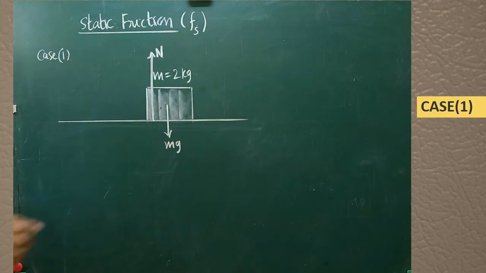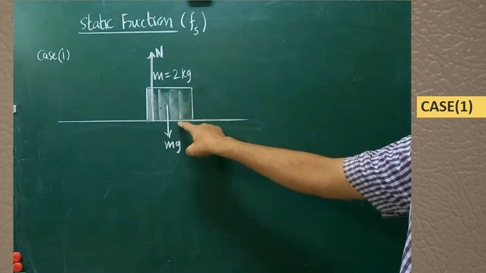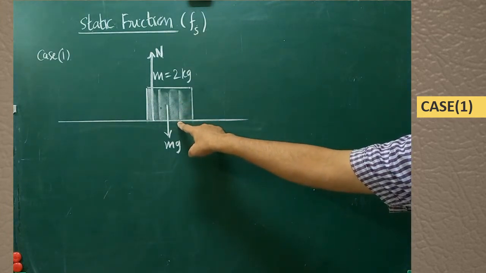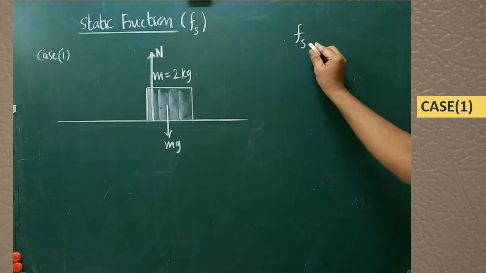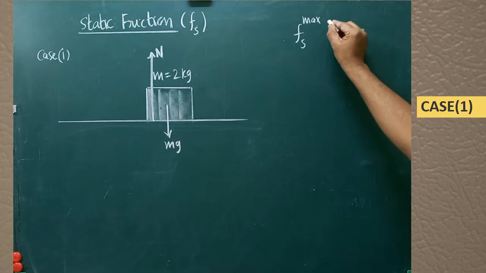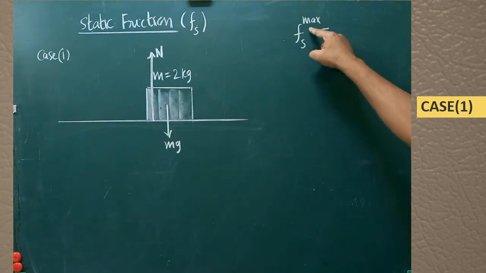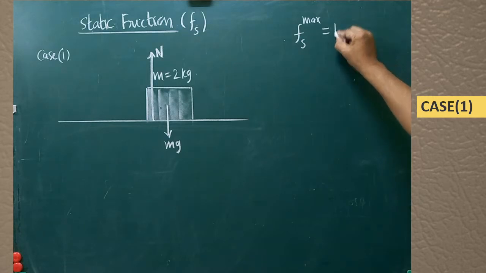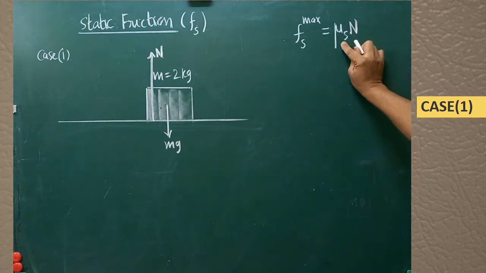Here, the maximum frictional force offered by the surface between these two objects, the maximum static frictional force, can be calculated by the formula Fs max. This formula must be clearly understood. Fs max is calculated using the expression mu s into N. What is mu s? Coefficient of static friction.